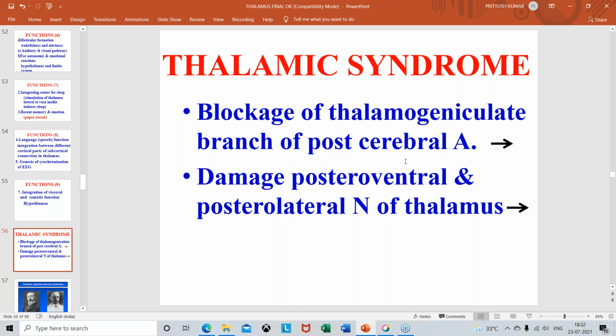The blockage may be because of a clot or some other reason. As the blood supply is decreased, there is damage to the posterior ventral nucleus and the posterior lateral nucleus of the thalamus.